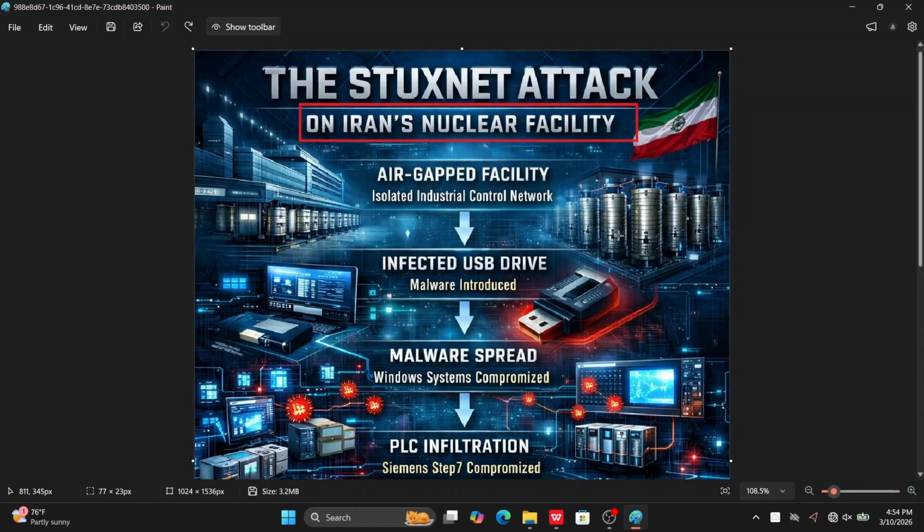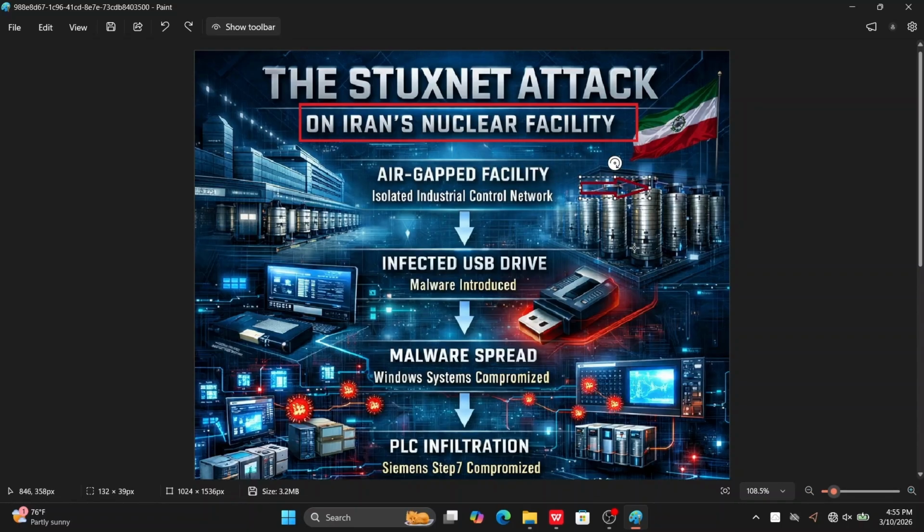This system operated inside what was believed to be a secure and isolated industrial network, an air-gapped facility, meaning it was not directly connected to the outside or the internet. However, air-gapped systems can be vulnerable.